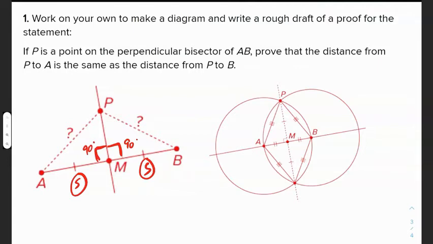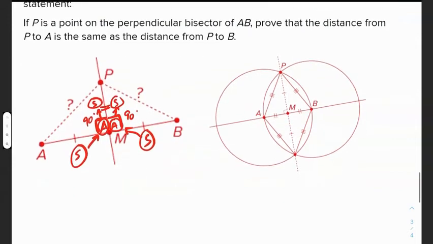PM is congruent to itself, because both triangles, AMP and BMP, share MP as one of their sides. So we know this angle and this angle have to be congruent. So we have side, angle, side, and side, angle, side. That means these two triangles are congruent by side-angle-side.